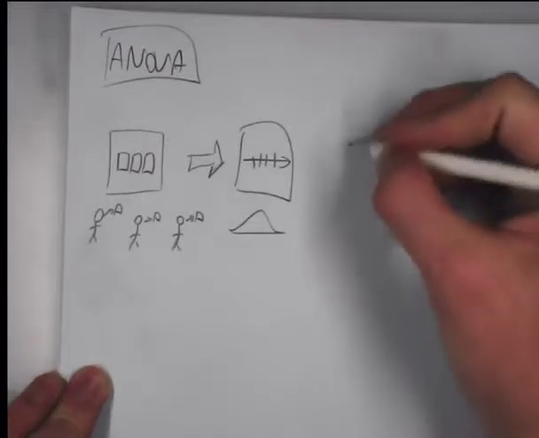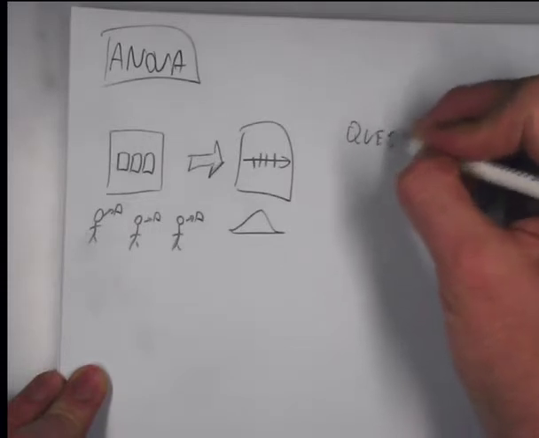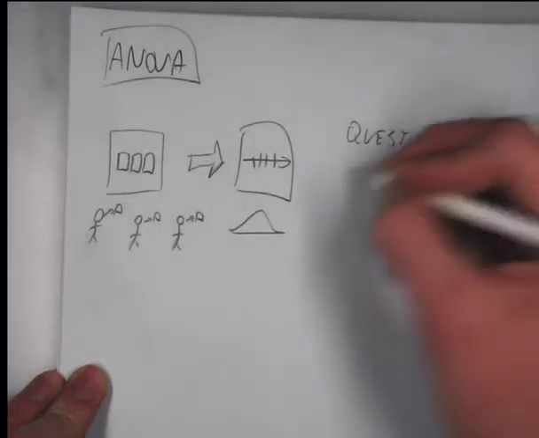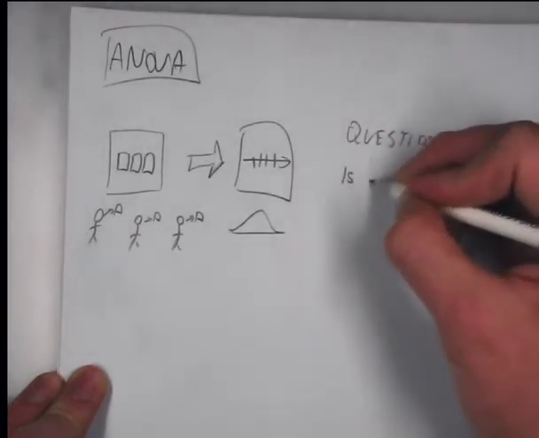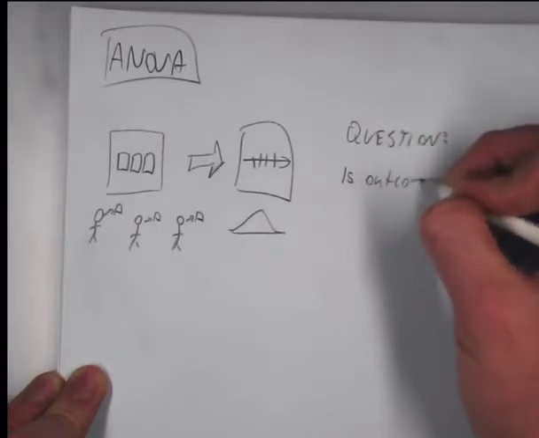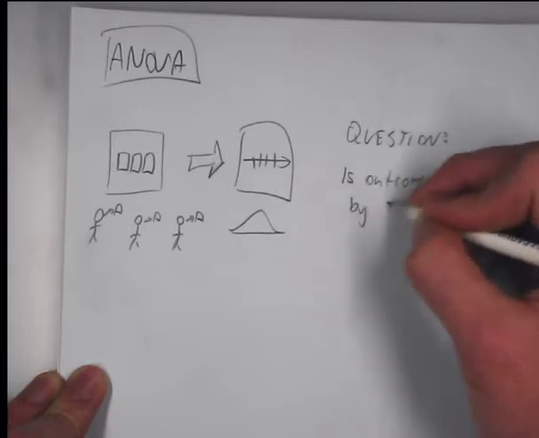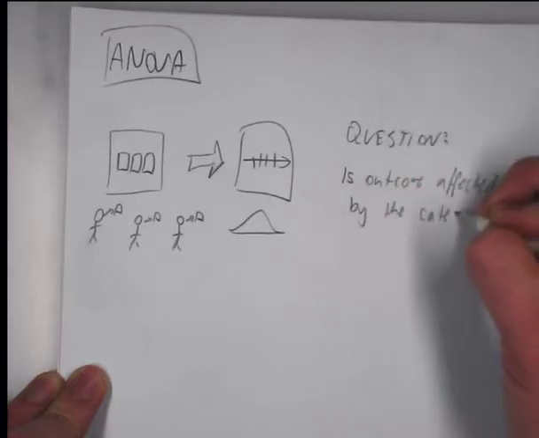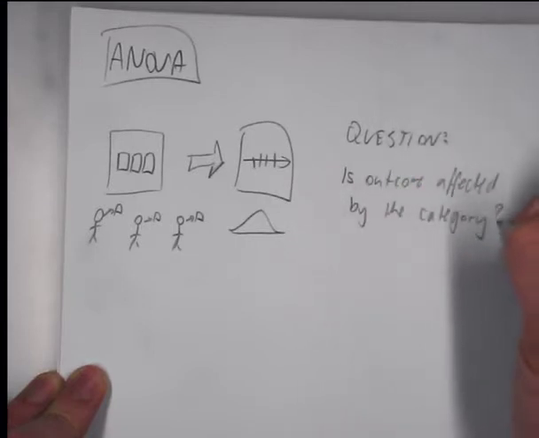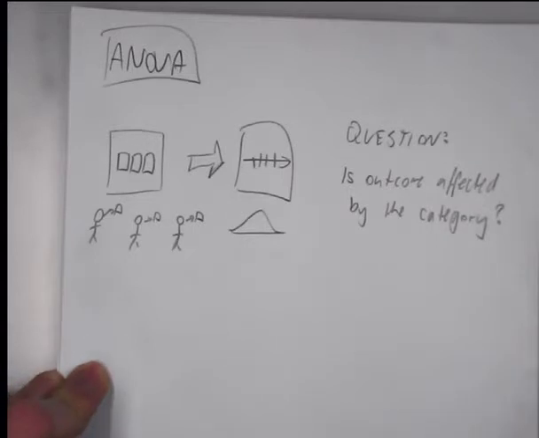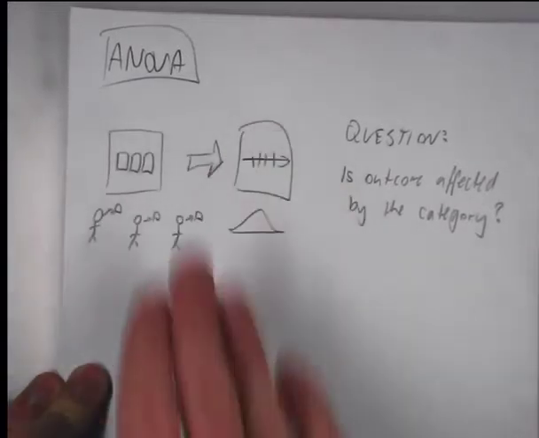Cool. So your question... So you've got 2 versions. Is the outcome affected by the category? So does this categorical variable affect the outcome?